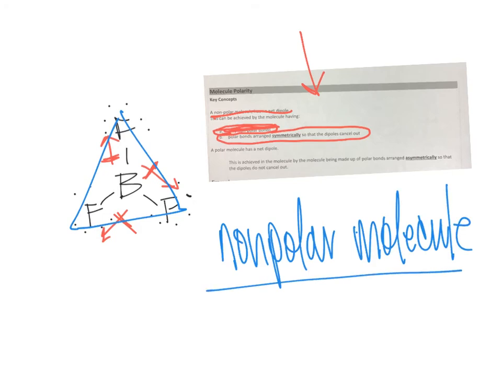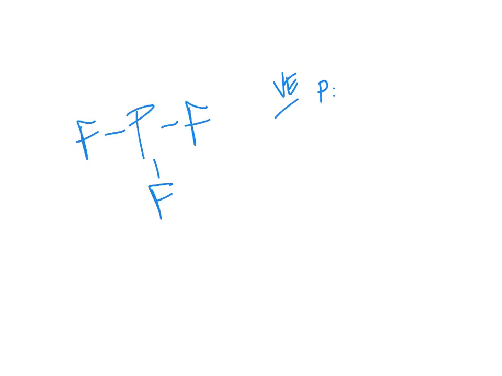Okay. Now, if I had something different, like let's say I had PF3 instead of BF3, I drew that prematurely, but you would have to do your Lewis structure process. P is in family 5, and it has 5 valence electrons.